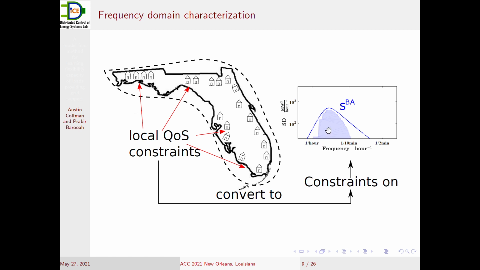So really what the balancing authority wants to do in this method is figure out how big that shaded region can be, or how much I can shade underneath the SBA curve. That's another characterization of capacity, and that's what we're going to talk about more in this talk.